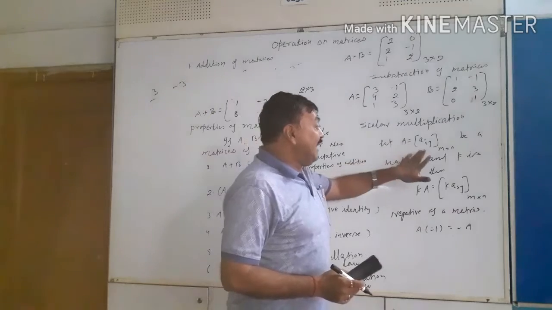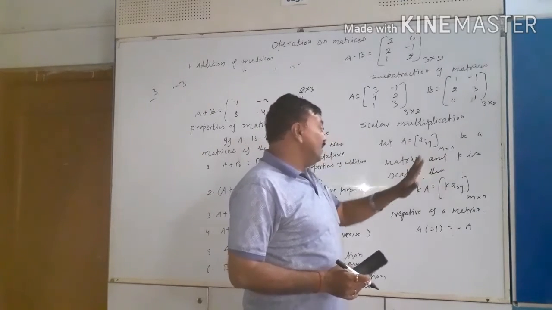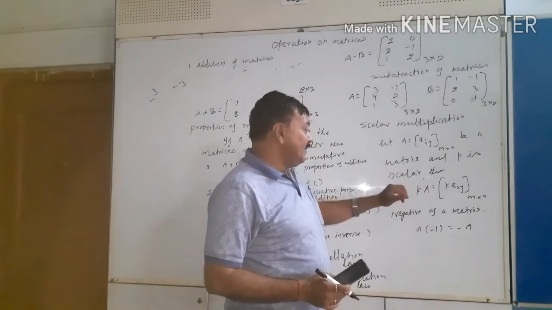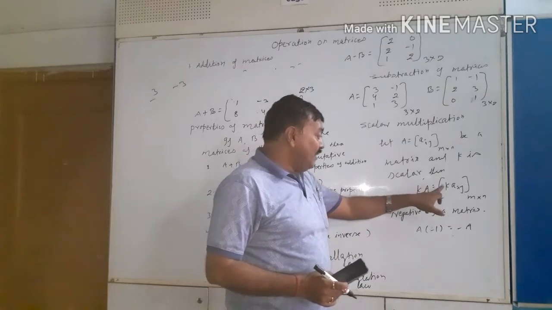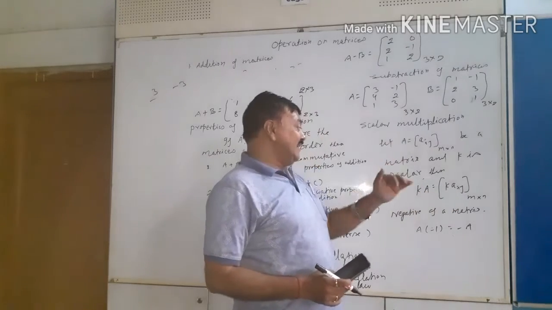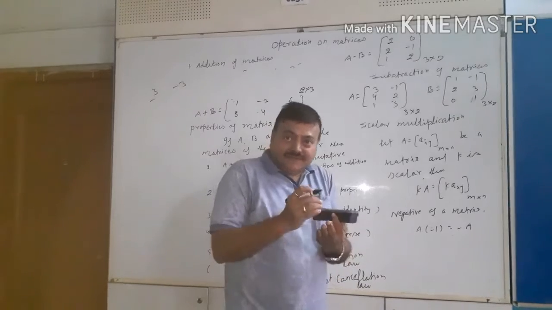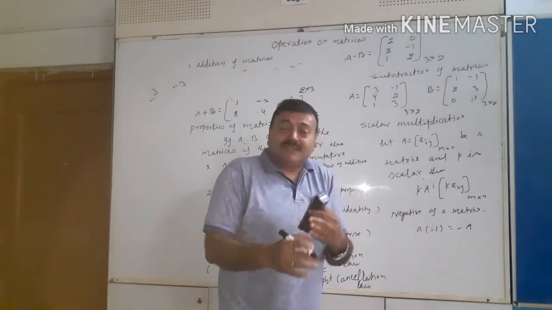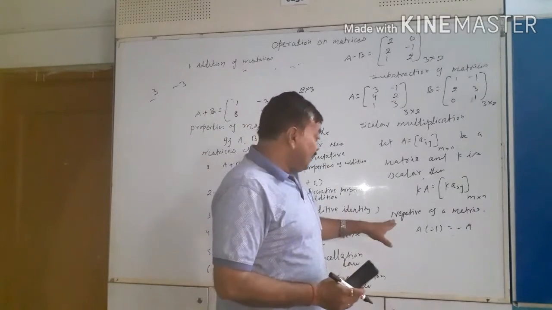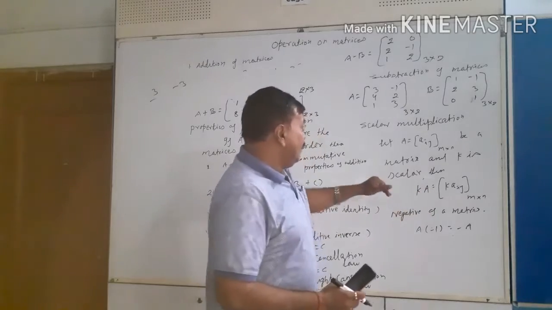Let A be an m by n matrix and k a scalar. Then when we multiply by k, the resulting matrix is known as kA.